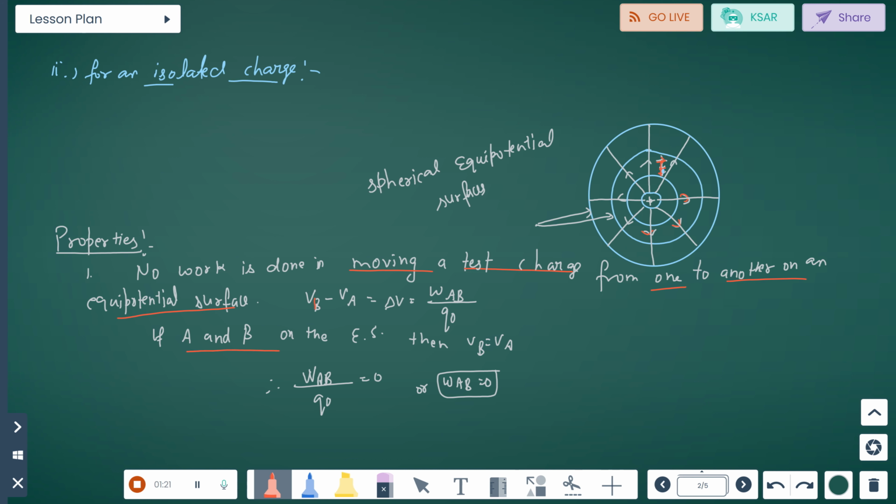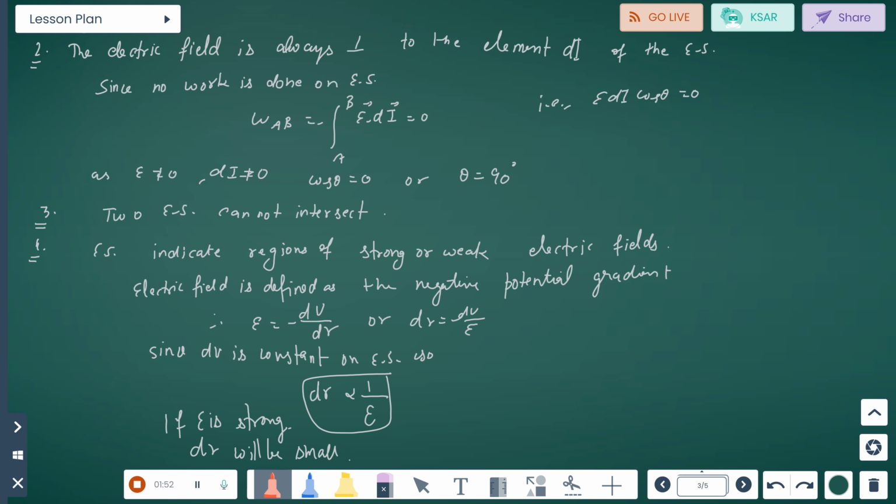If A and B are on the equipotential surface, then Vb equals Va. Therefore, W AB divided by Q naught equals 0, or W AB equals 0.